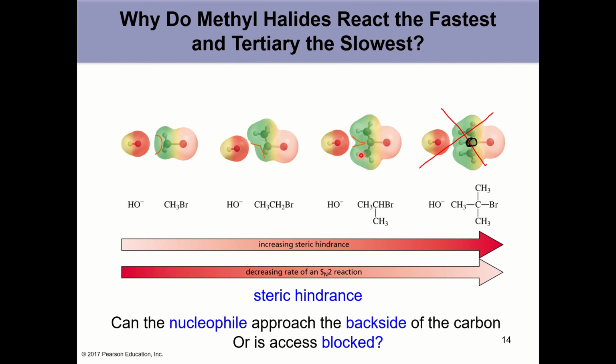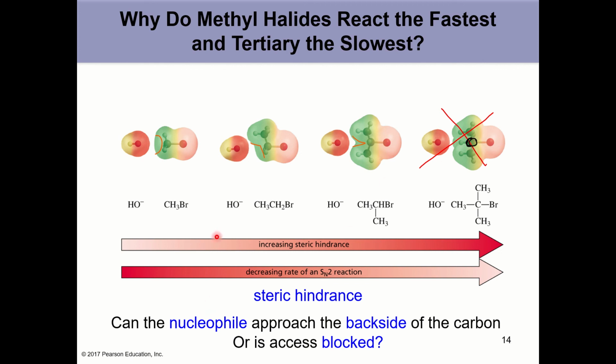And the secondary alkyl halide is going to react more slowly because of the repulsion of two methyl groups instead of just one. And then the tertiary alkyl halide can't react at all because of the number of atoms present repelling the hydroxide away from the partially positive carbon.